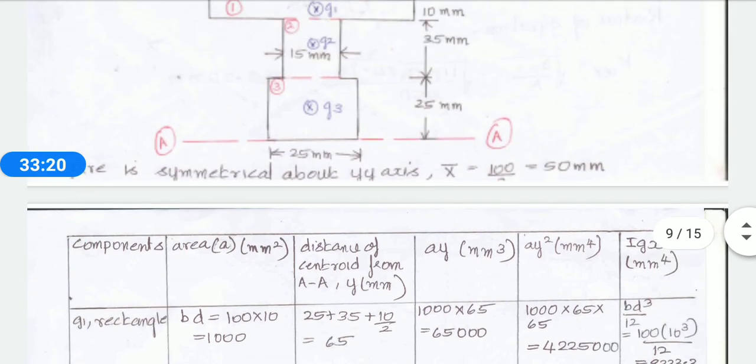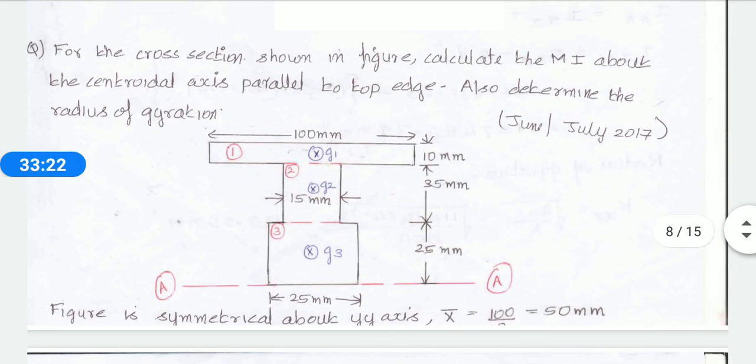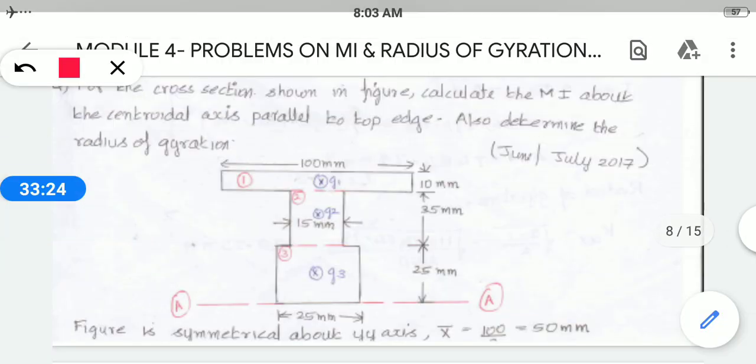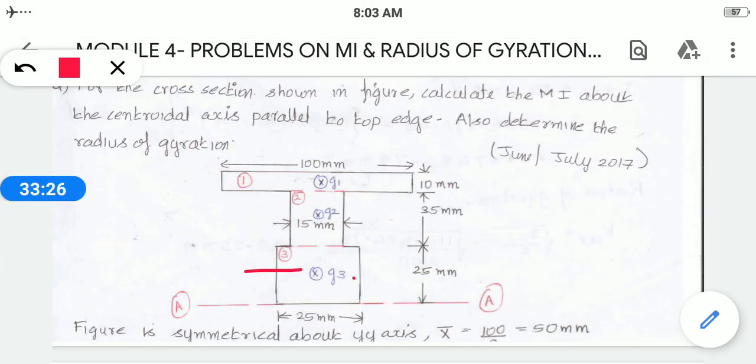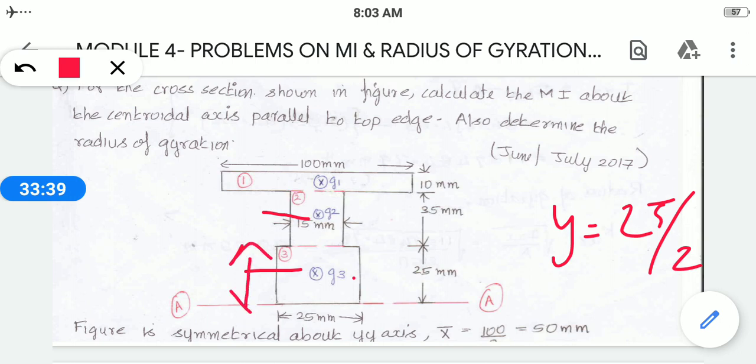The y value is the distance from the x axis, considered for the first element, which will be equal to height divided by 2. So the first y is equal to 25 divided by 2. What will be the second y value? This is equal to 35 divided by 2 plus this 25, right?